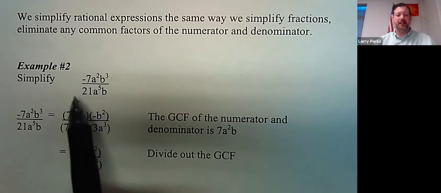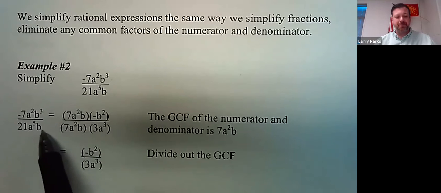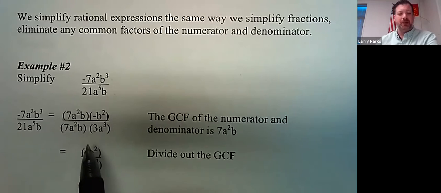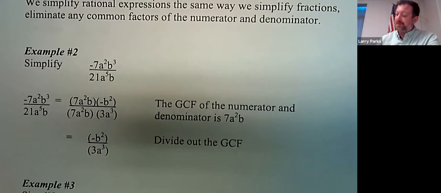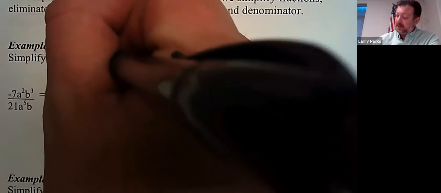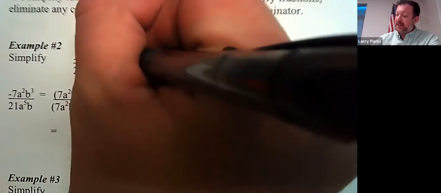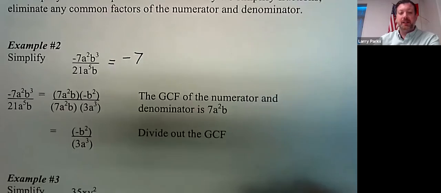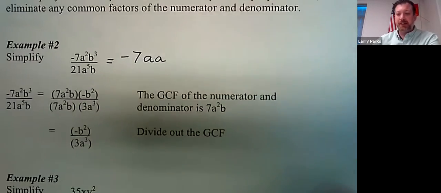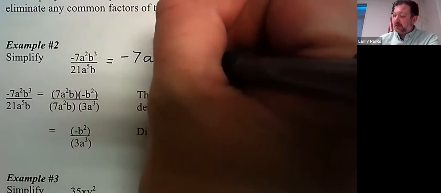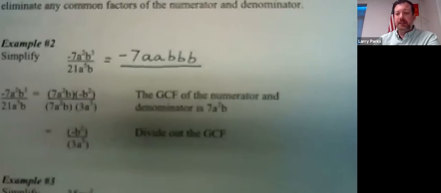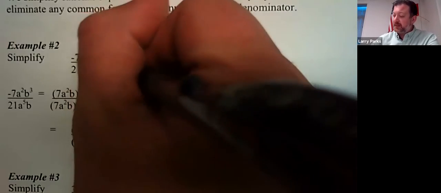So how do I simplify this? Well, I write down the problem. And then I recognize, and this is their way of doing it, I'm going to show a different way. So what I would do is I'd say, okay, that's -7. And then A squared means A times A. B to the third means B times B times B. 21, I'm going to write 21 as 7 times 3.